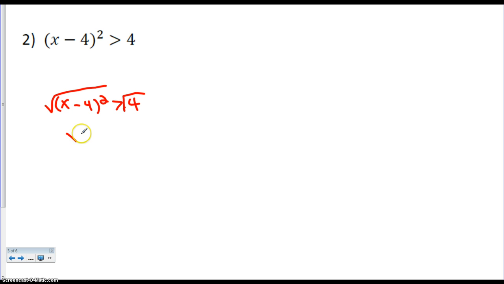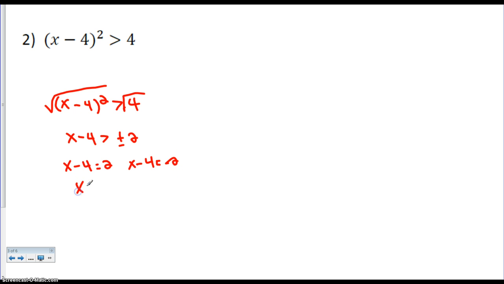And I end up with x minus 4 is greater than plus or minus 2. So what I'm going to do is set x minus 4 equal to positive 2, and x minus 4 equal to negative 2, and figure out what x could equal.